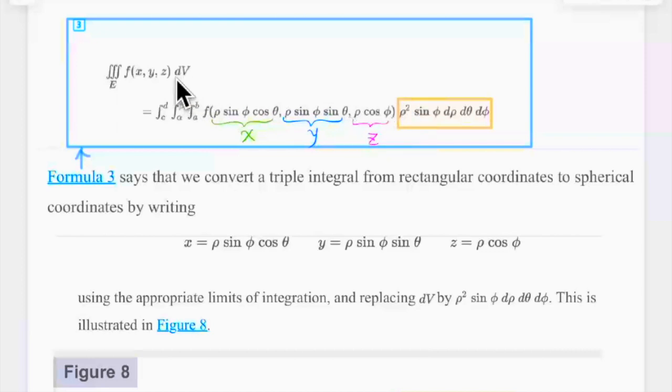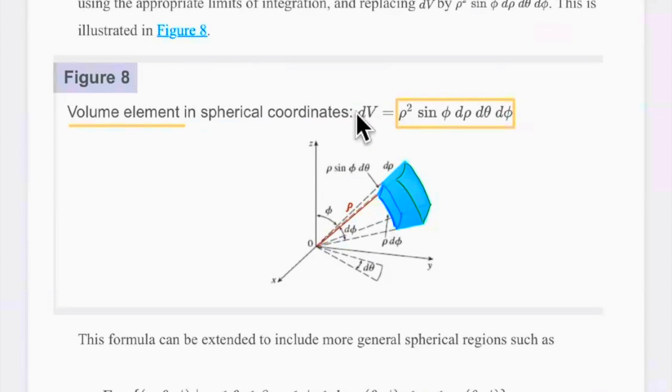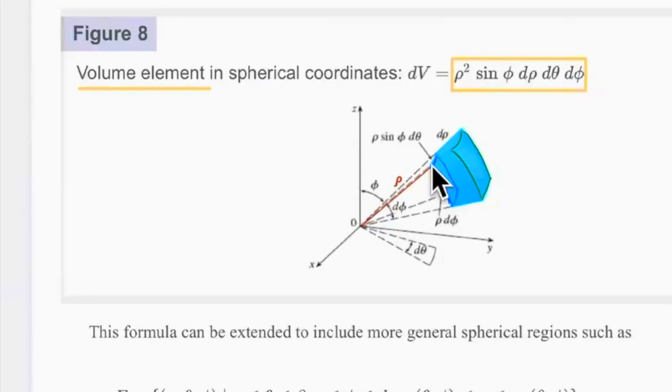And the dV over here is replaced by rho squared sine phi d rho d theta d phi. This is called the volume element in spherical coordinates. dV is equal to this, as we see from this picture.